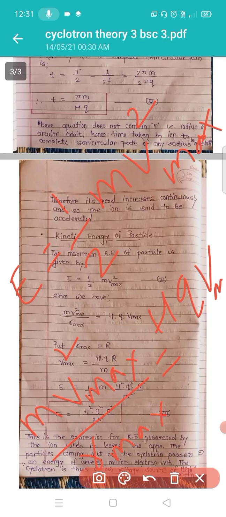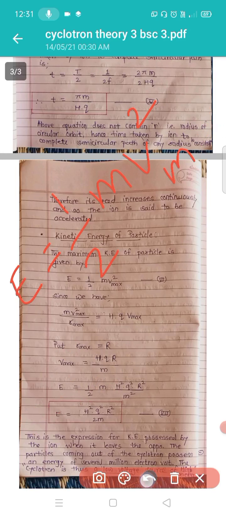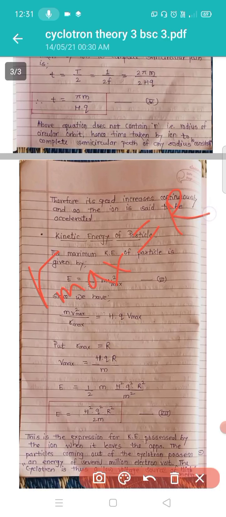Now put the value of r max is equal to capital R, and we get v max is equal to HqR upon m.